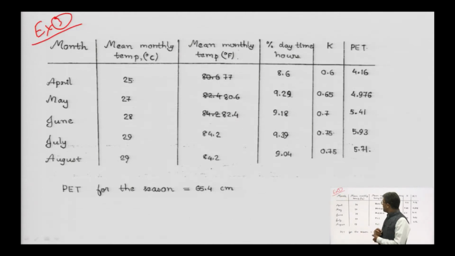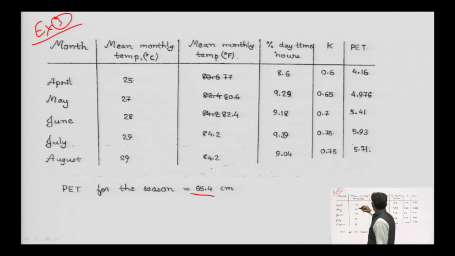In that example, month wise, April, May, June, July, August, the month wise mean temperature is given to you, and we need to calculate the total PET, potential evapotranspiration.